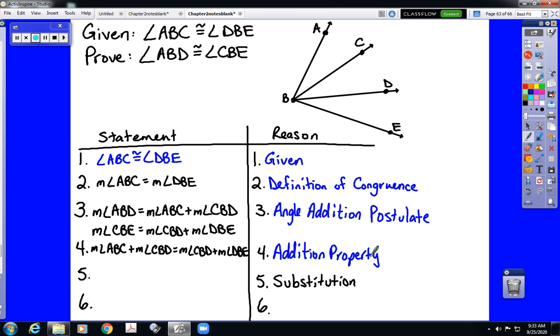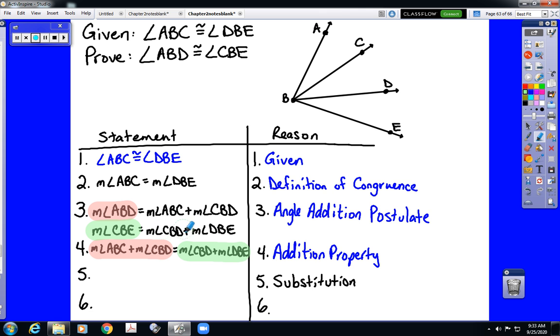Okay? Now from there, this becomes a straight up substitution problem. Because if we notice, this angle ABD is equal to the left side, ABC plus CBD. And this measure of angle CBE is equal to the right side.